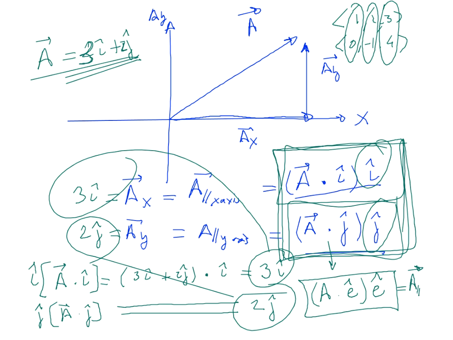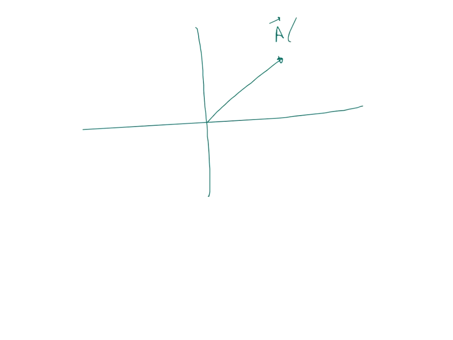Let's do an example. If I have a vector A, let's pick the same one, 3 and 2. And I want to project the vector A along the direction where it is here. Let's say 45. Let's represent this graphically.